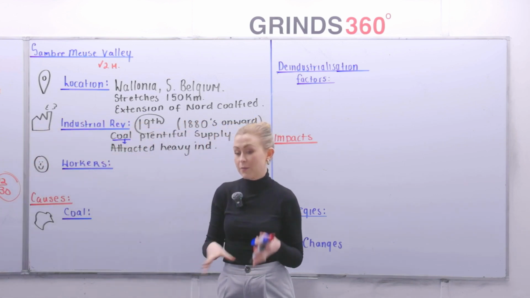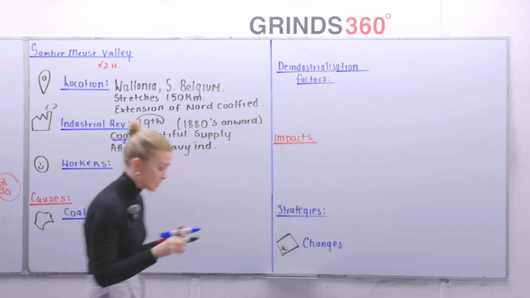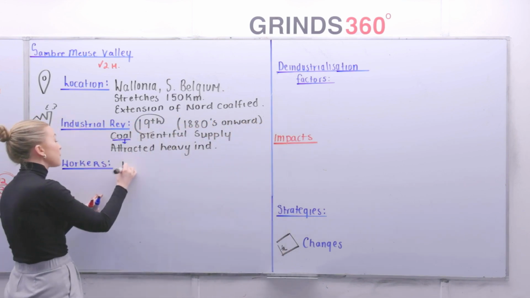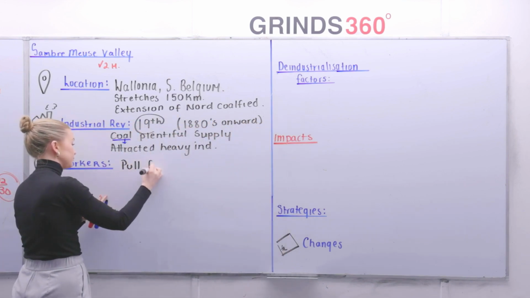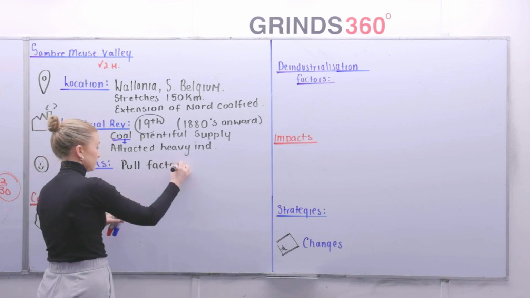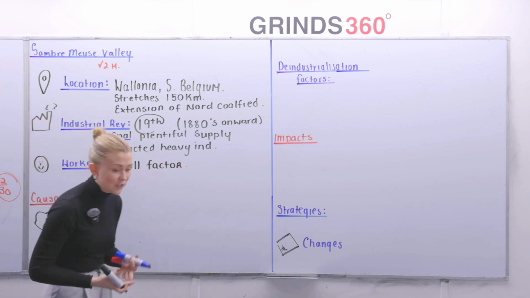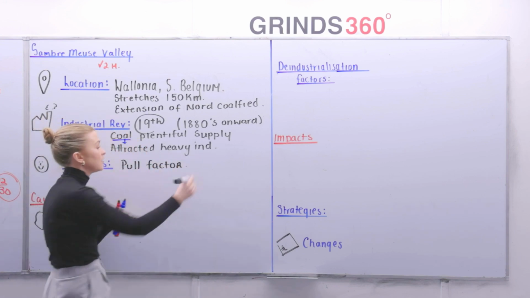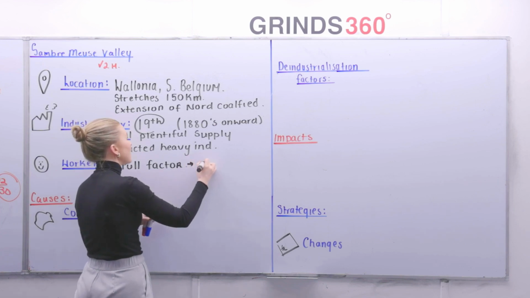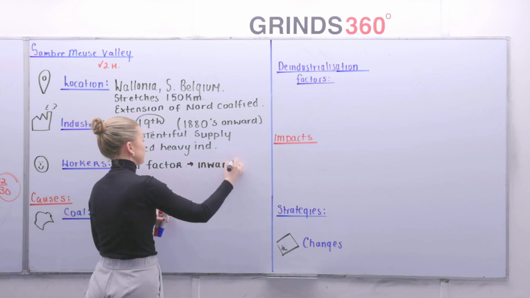Workers. Now, in relation to workers, what do we want to say? Well, there was a pull factor. Workers were attracted to this region, so because of coal, there was a lot of inward migration.